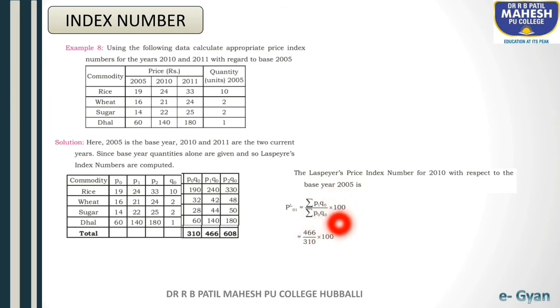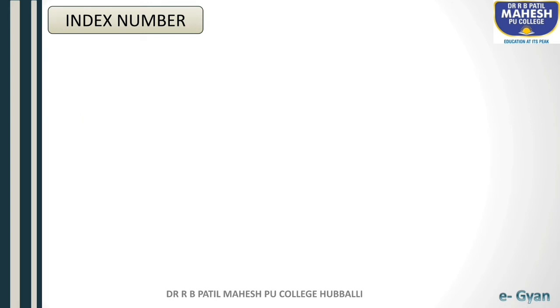So 466 divided by 310 into 100, it becomes P01 of Laspeyres as 150.32. So the Laspeyres price index number for 2010 with base year 2005 is 150.32.